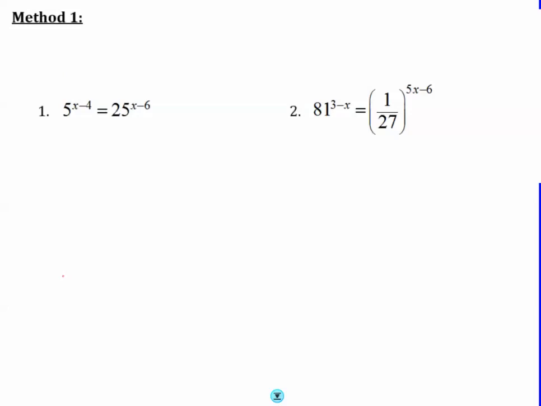We have two different situations that require two different methods for solving. The first method is to try to rewrite both sides so that they have the same base.